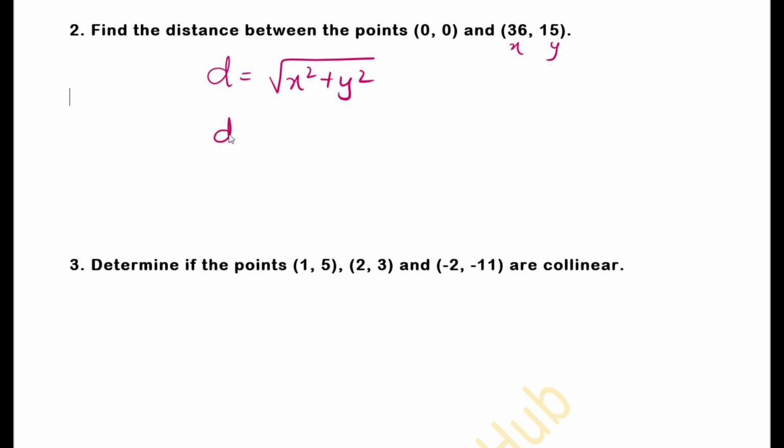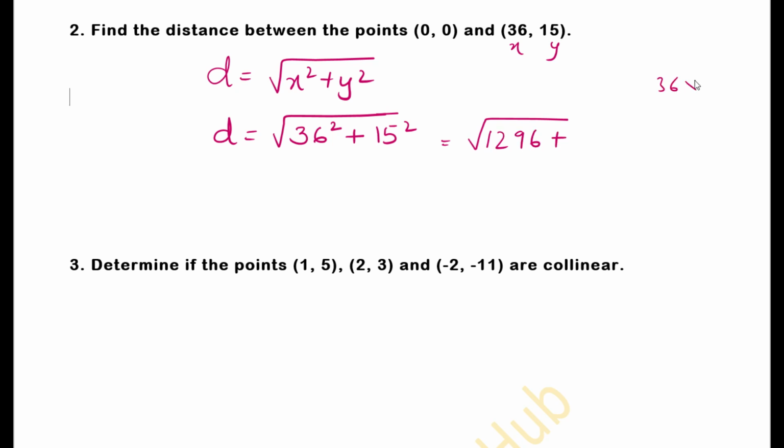Now just substitute d equals square root of 36 square plus 15 square. Now what is 36 square? 36 into 36 we get 1296. If you multiply, what you get? 1296. In the same way, 15 into 15 we get 225.